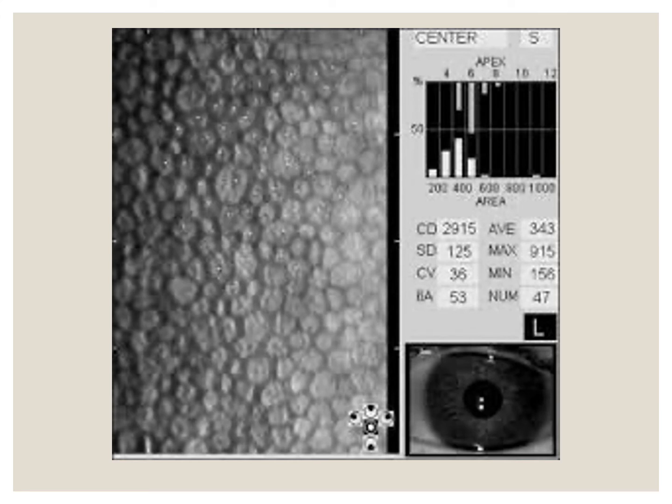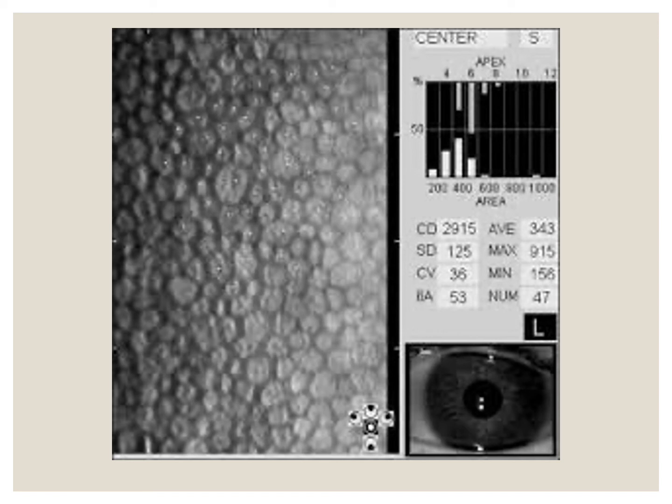For example, in this printout of specular microscopy, as we can see here, the cell density is reported to be 2,915, so it is within normal. The average cell size is also within normal, which is 343, but the maximum cell size is 915, which is above normal, and the coefficient of variation is 36%, which is more than 30%.